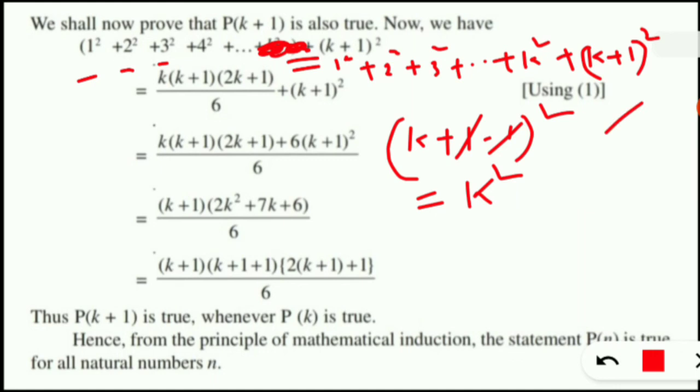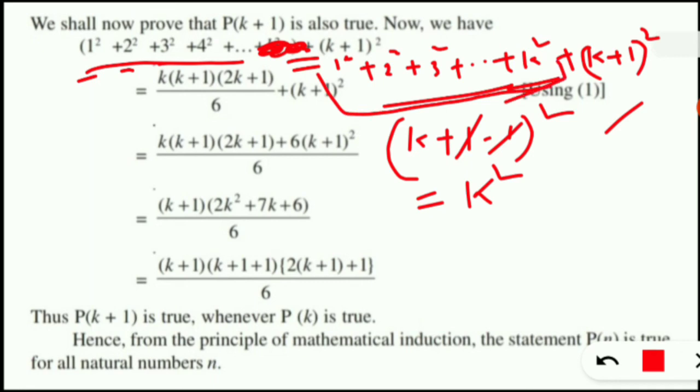Clear? If the last term is k plus 1 whole square, then the previous term is k plus 1 minus 1, plus 1 minus 1 cancel, so only k square. Clear?